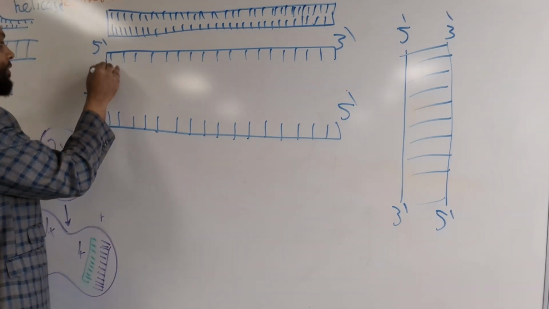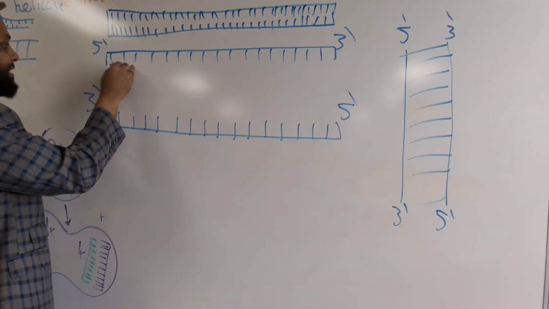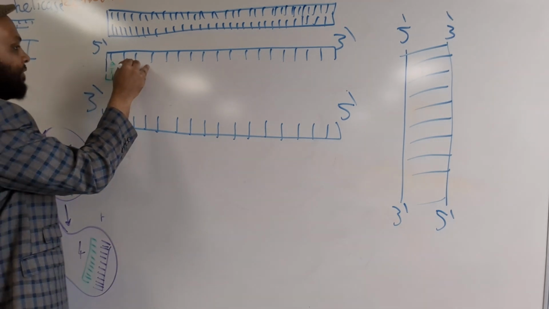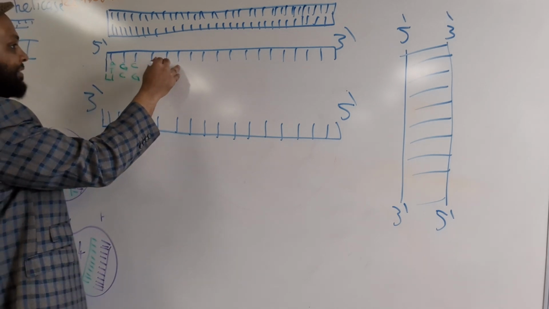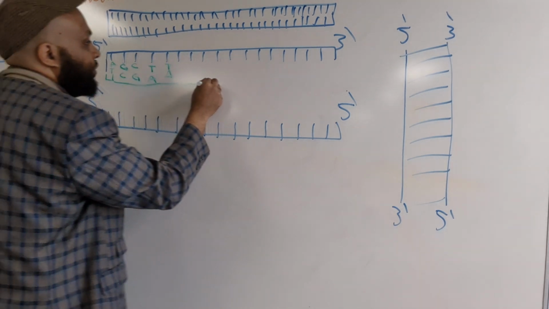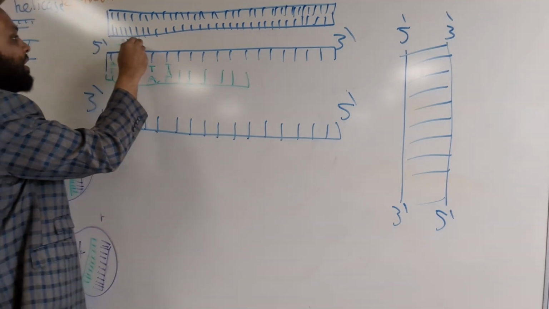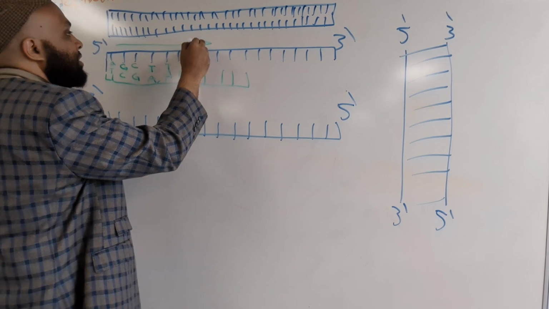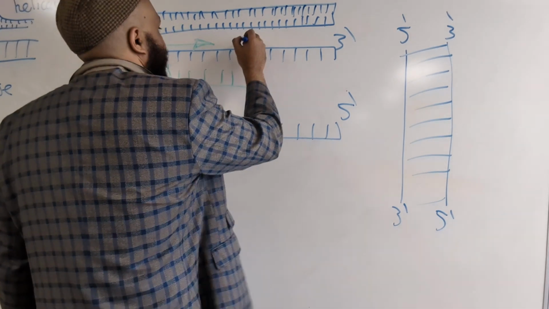For every A it will have a T, for every G it will have a C, for every C it will have a G, for every T it will have an A, and so on and so forth. It will be going in this direction from 5 prime to 3 prime. And this is called the leading strand.